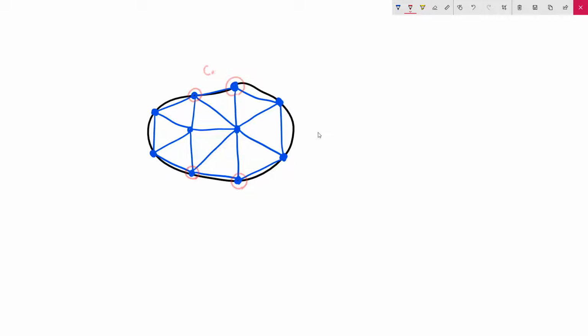So this is a contact, and also another contact. How can we define the contact?